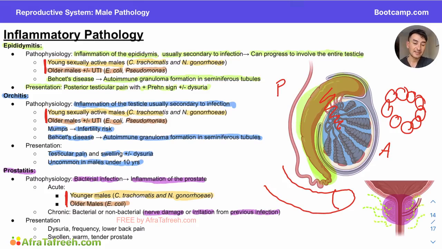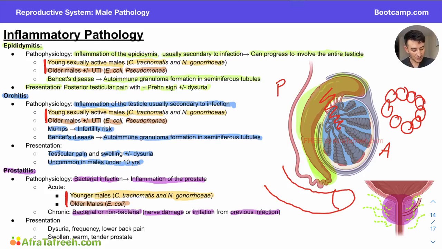And when the prostate is aggravated, it can irritate these nerves, leading to prolonged symptoms. So it can cause pain with urination, or perhaps difficulty with defecation or back pain. The constellation of symptoms from this nerve plexus can be quite broad, and this is characteristic of chronic prostatitis as a result of a previous infection. So that's something to be on the lookout for when we're talking about bacterial or non-bacterial chronic prostatitis.